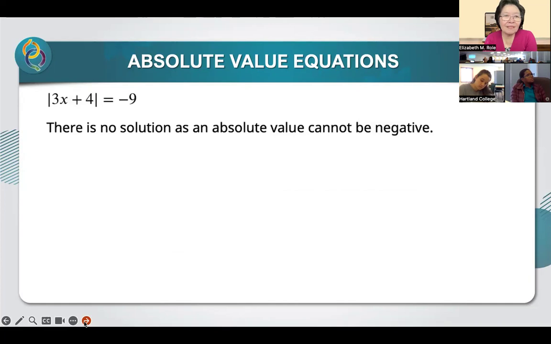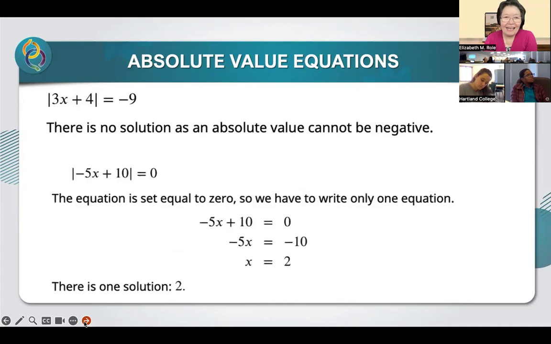If I have the absolute value of 3x plus 4 equal to negative 9, you say, well, no solution immediately because you have a negative c. But if equal to 0, you just set it to 0. So you remove the absolute value sign, and you say, now say minus 5x plus 10 is equal to 0, and therefore x is equal to 2.